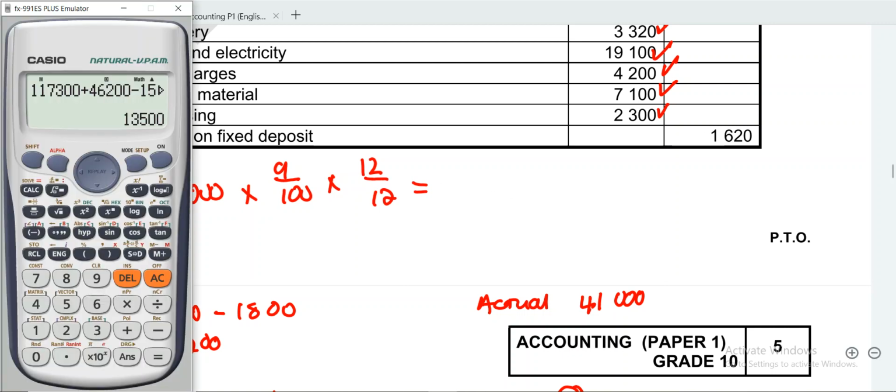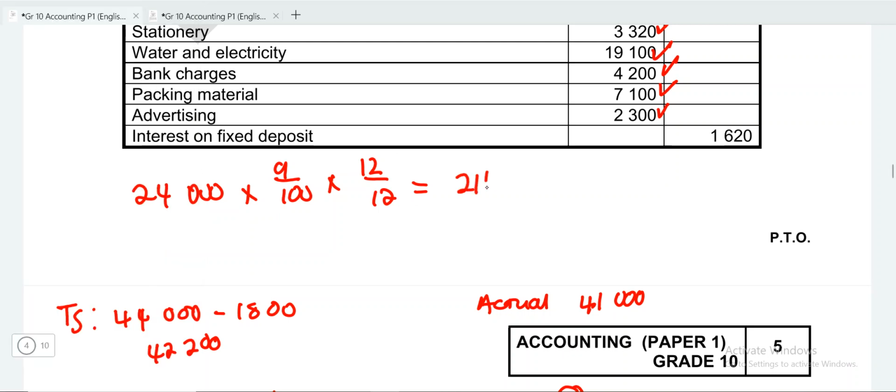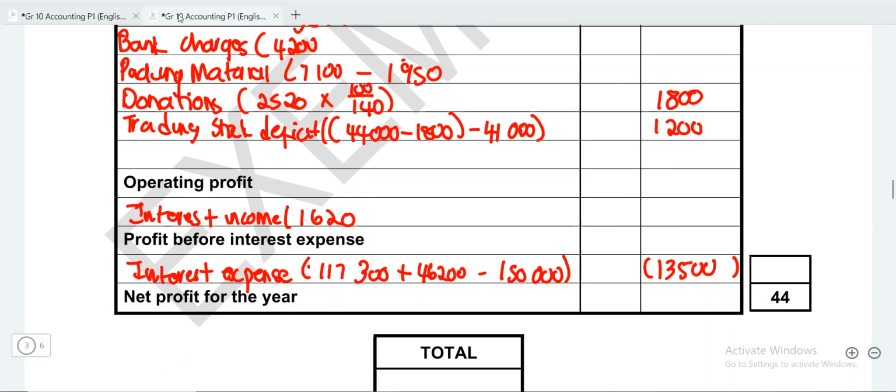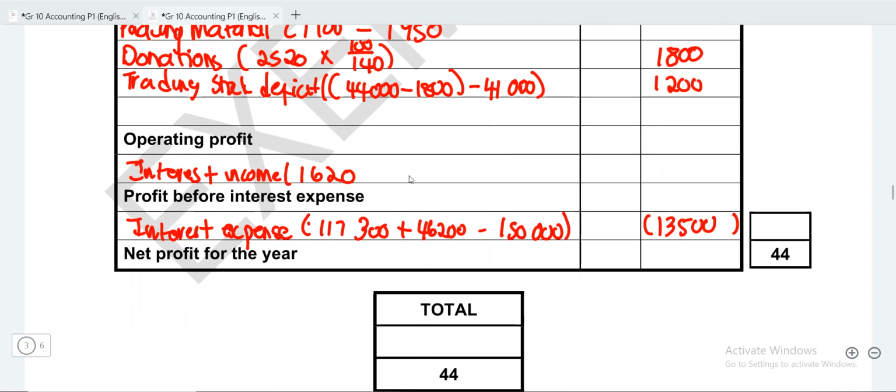So if you say 24,000 multiplied by 9 divided by 100, it will give you 2,160. We were supposed to get 2,160, but we got 1,620. So which means that they are still owing us. So remember, interest income, you need to check how much is it short by.